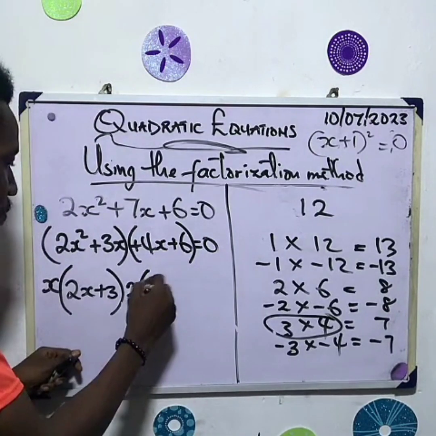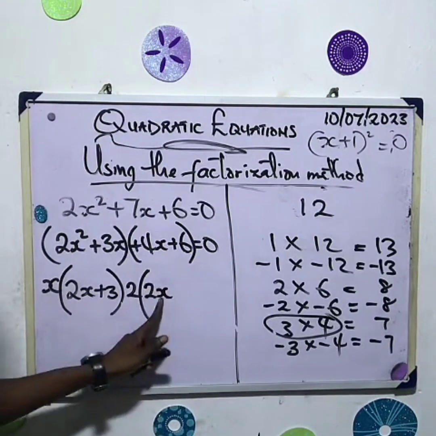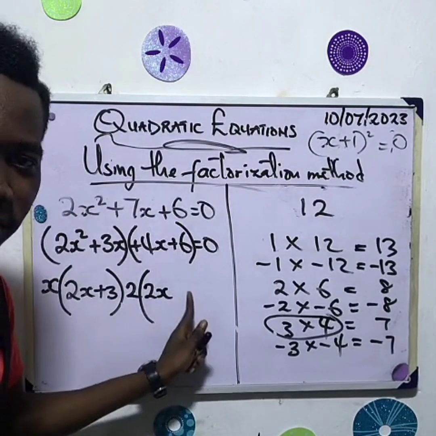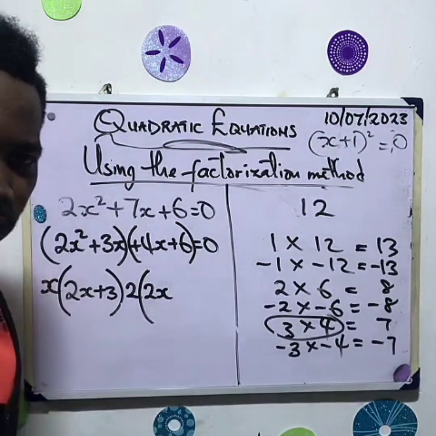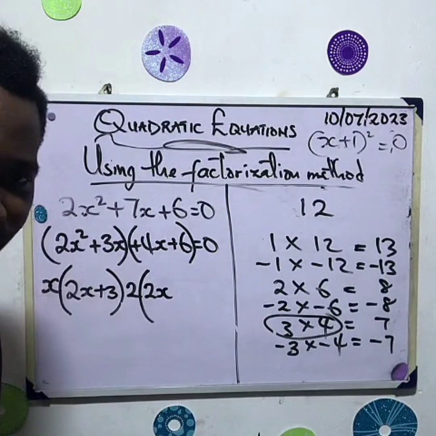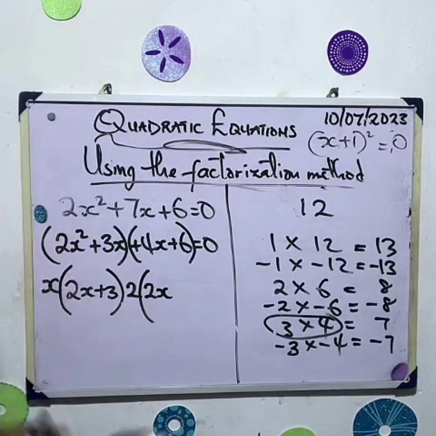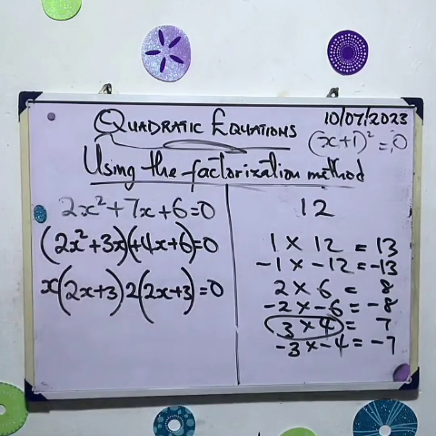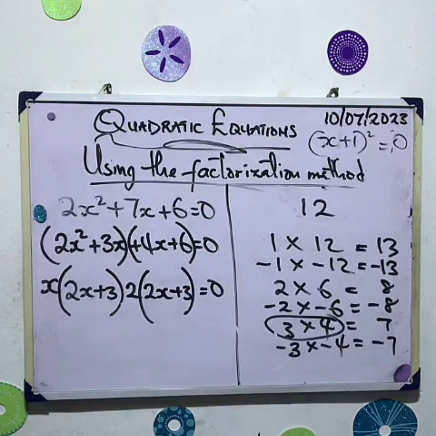Okay, 2x, good. 2 times 2x is 4x. Now 2 times what will give us plus 6? Good, we are all following. So plus 3 equals 0.